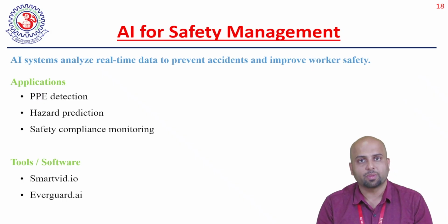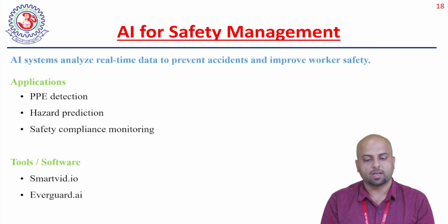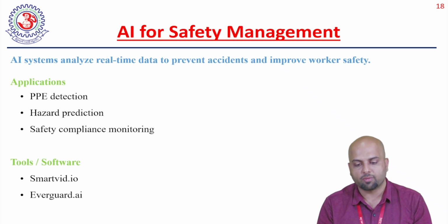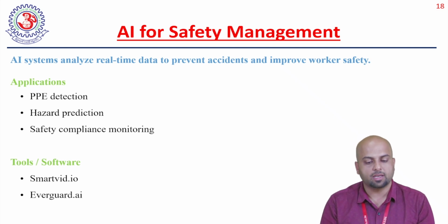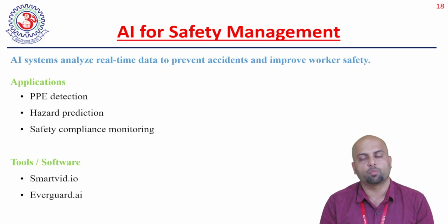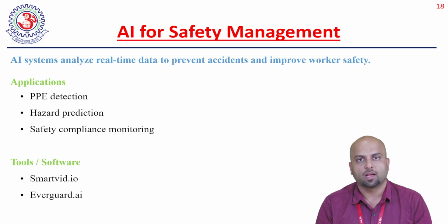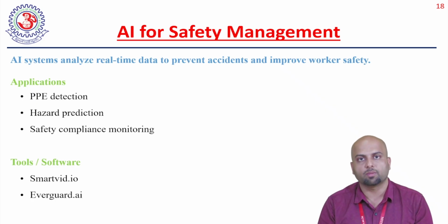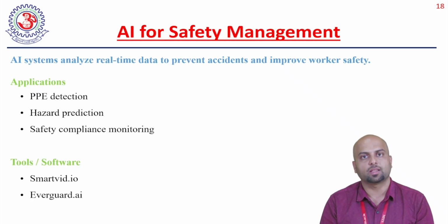Especially for safety management, by using AI tools in real-time construction, we can prevent accidents and improve worker safety. PPE detection we can do: personal protective equipment, whether the person is wearing it properly or not, we can detect using these AI tools. The AI image will capture and analyze whether that person is following proper guidelines and wearing the complete PPE kit or not.